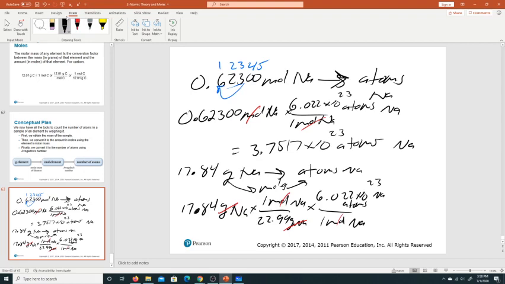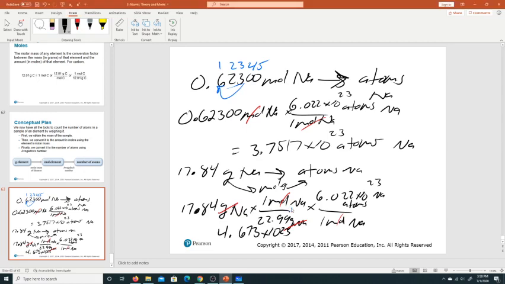So it'd be 17.84. Now 17.84 has got 4 sig figs. 17.84 divided by 22.99 times 6.022 times 10 to the 23 equals, with 4 sig figs, 4.673 times 10 to the 23rd power.